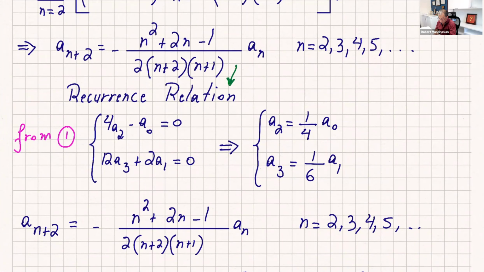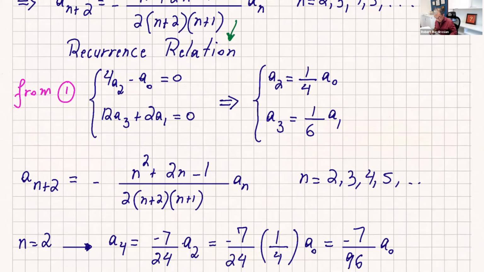The constant terms, you have 4a2 minus a0 equals 0, and the terms with x are 12a3 plus 2a1 equals 0. Isolate a sub 2, so you get 1 over 4 times a0, and a sub 3 is 1 over 6 times a1.